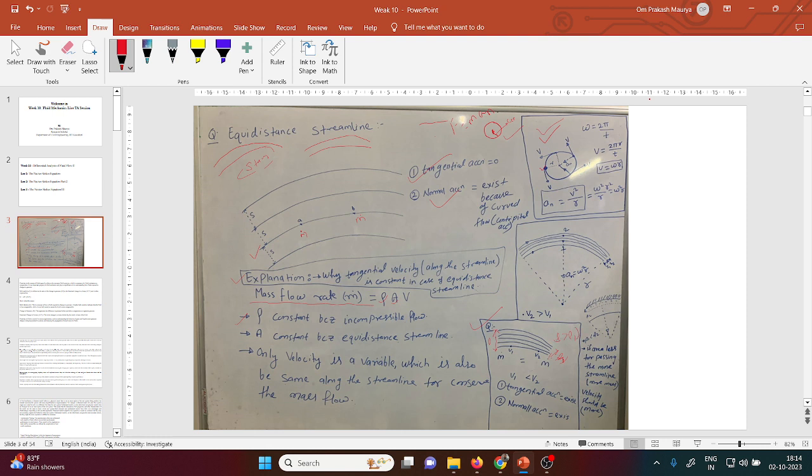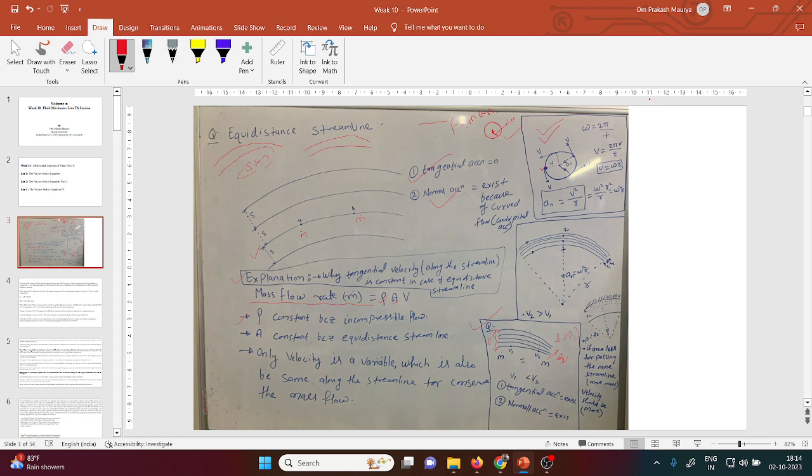So what is happening here? Your streamline is coming in, and here it is converging at that point. Converging means the space between two streamlines is very much less compared to this point. From this point the mass flow rate is this much, and conservation of mass should be valid along the streamline.